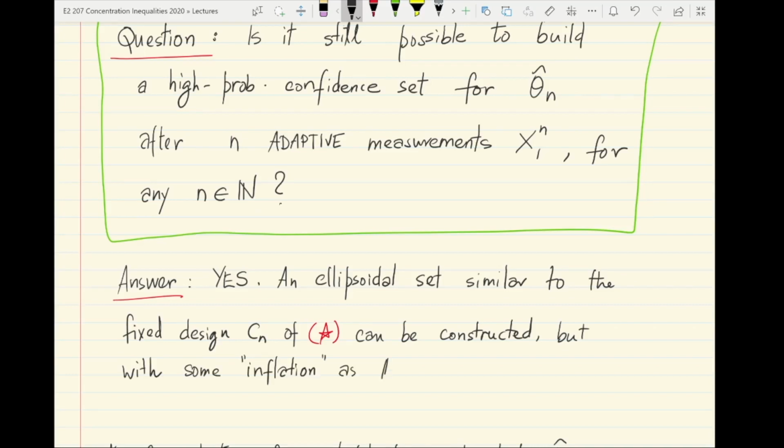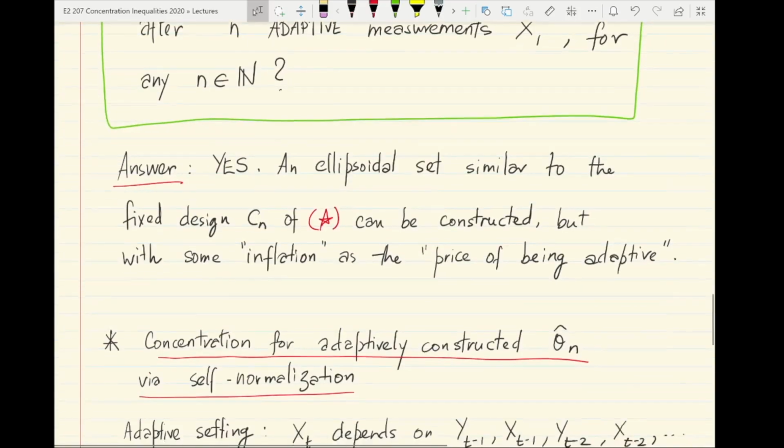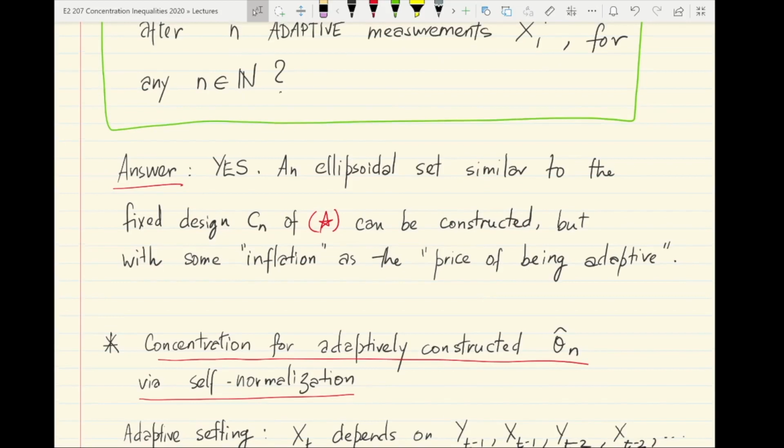At a high level, this is the price of being adaptive over time. We'll see exactly how much of a price we will have to pay. And this is where the idea of concentration inequalities for adaptively constructed estimates arises, via what are called self-normalized inequalities.